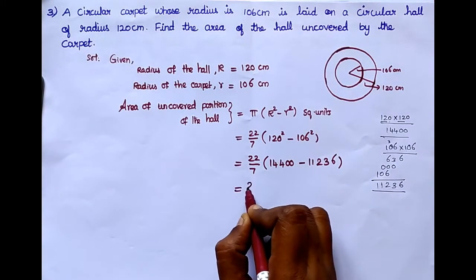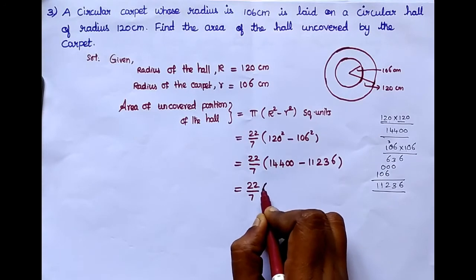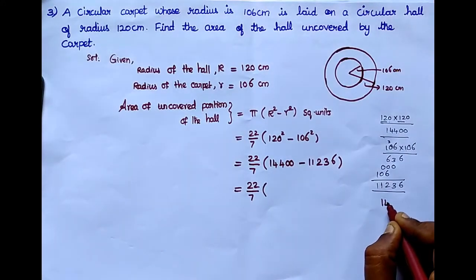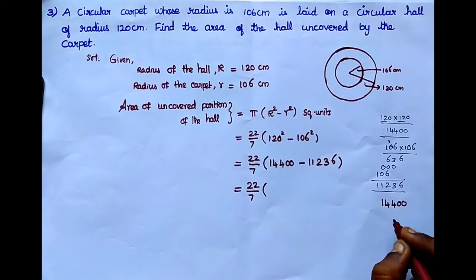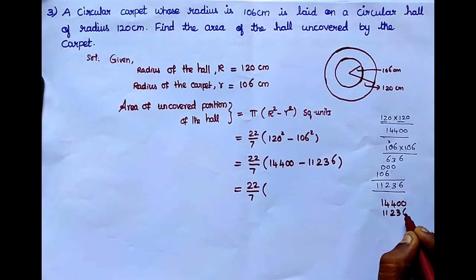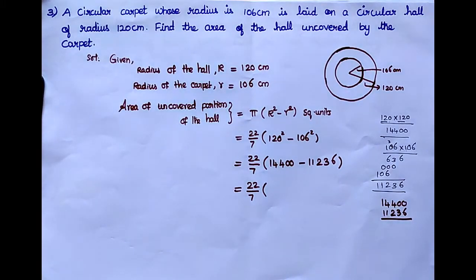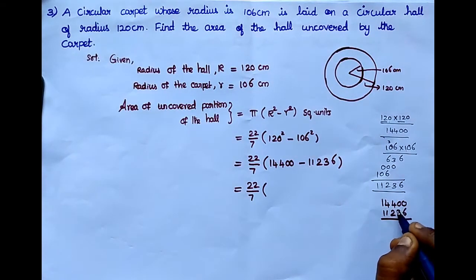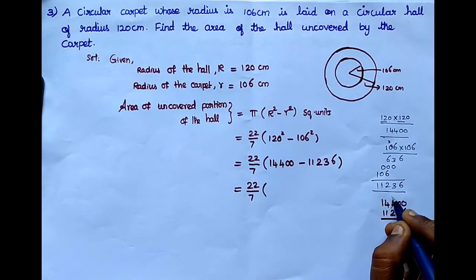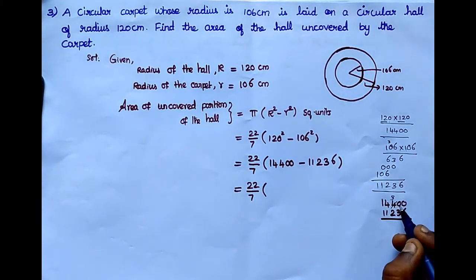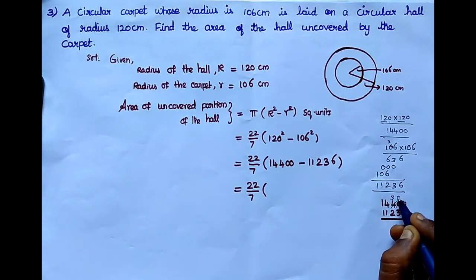Now 22 by 7, 14,400 minus 11,236 means we get 0 minus 6 is not possible. From here we borrow 1, it becomes 10. Again we borrow 1 from here, so it becomes 9.